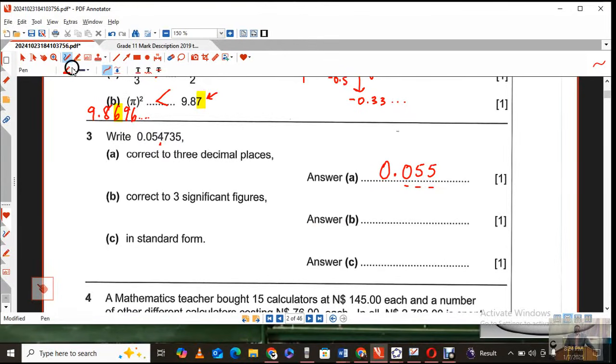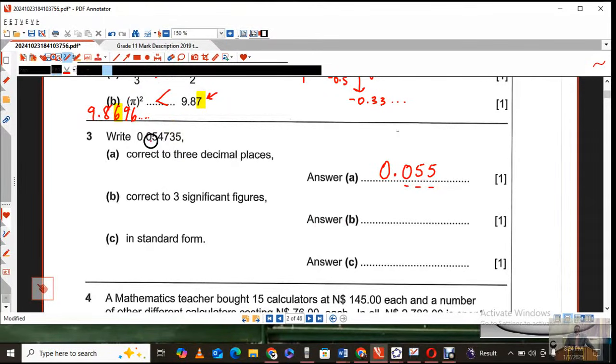When it says give your answer to 3 significant figures, take note, what is a significant figure? It's the first non-zero digit in the number. Like this 5 here will be the first significant figure, and this 4 will be the second.